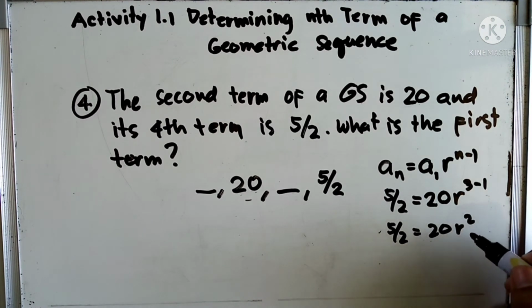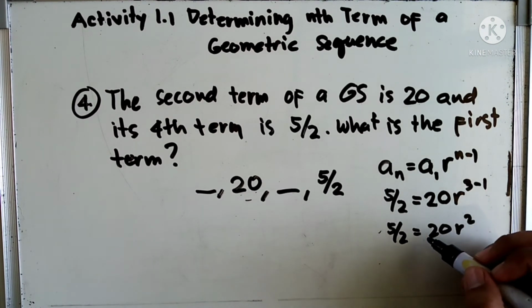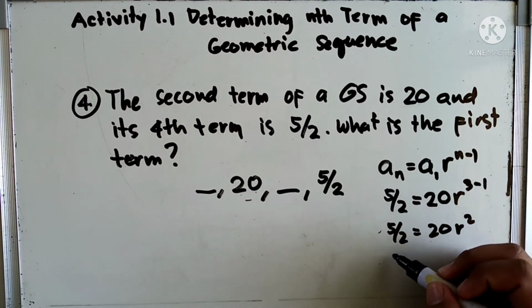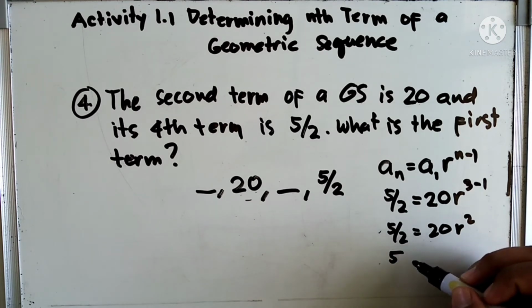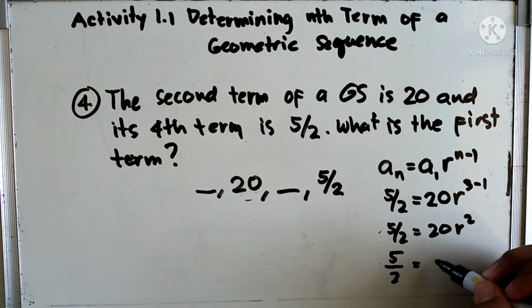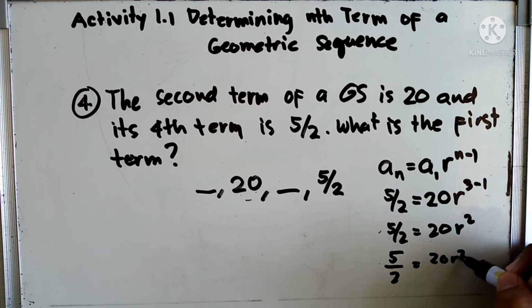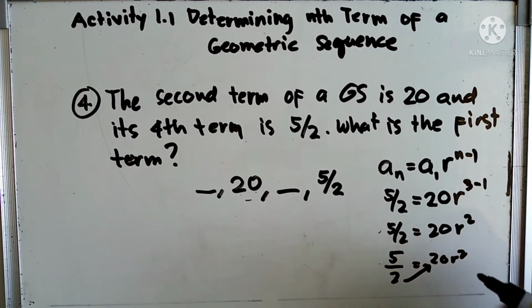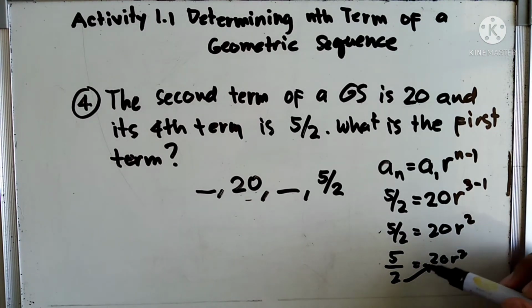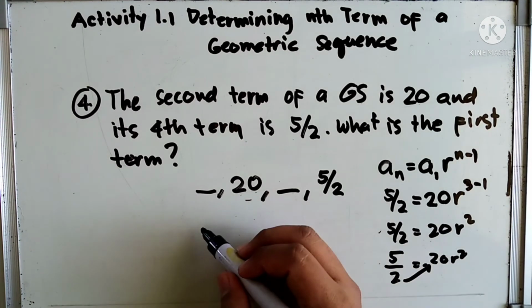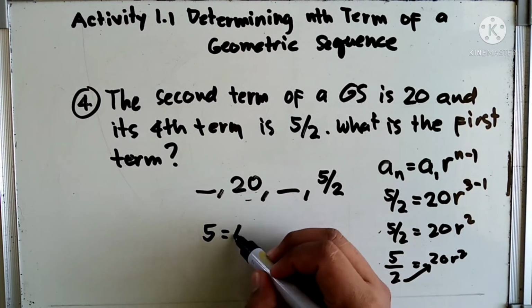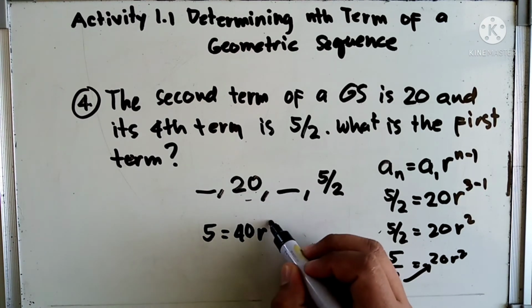So, this time, mag-cross multiply tayo. So, i-multiply natin doon. 2 times 20, that is 40. So, magkakaroon tayo ng 5 equal to 40 r raised to 2.